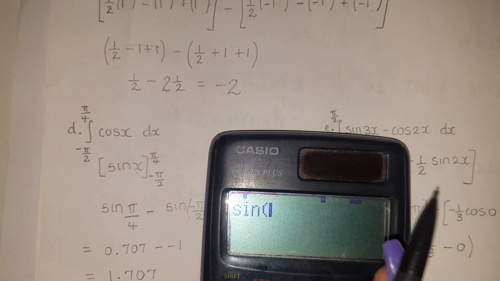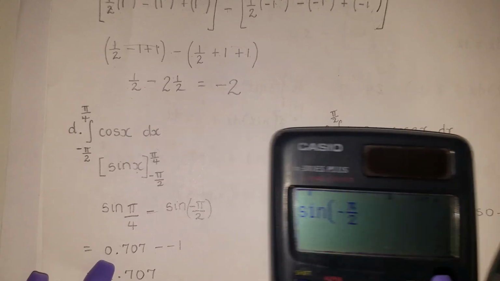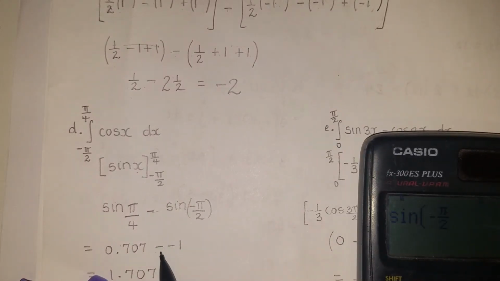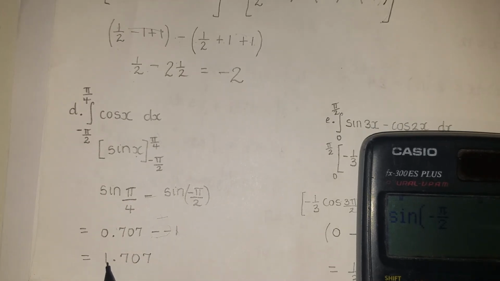So sine of negative pi over 2 gives us a negative 1. So this is the minus sign that went back, and sine of negative pi over 2 is this negative 1. So the two negative signs together become a positive, and when added, our answer becomes 1.707.